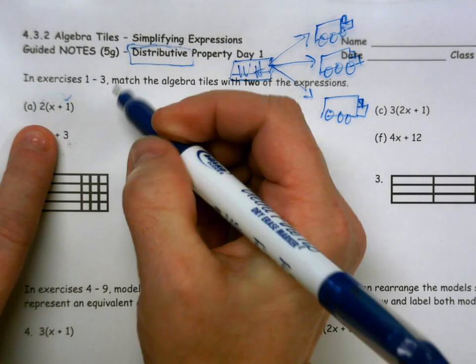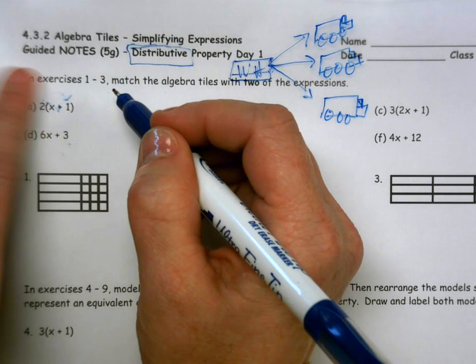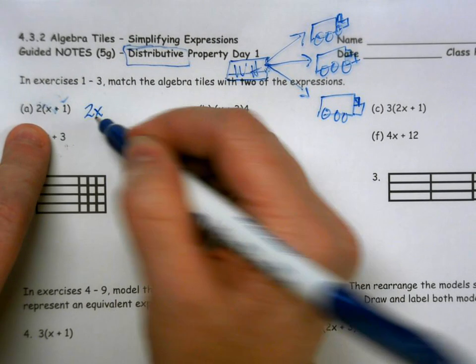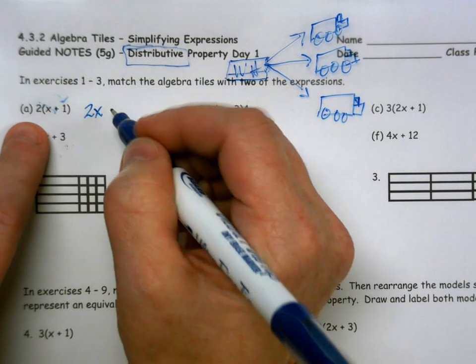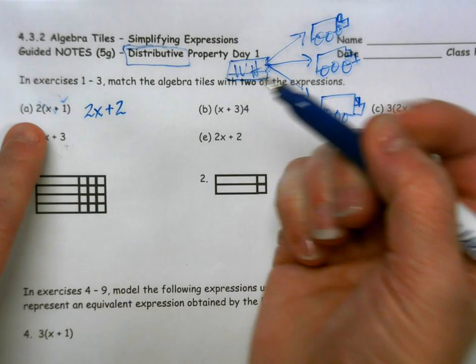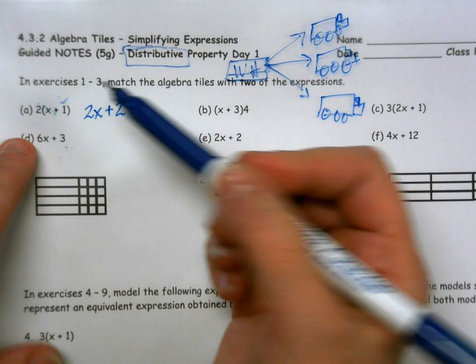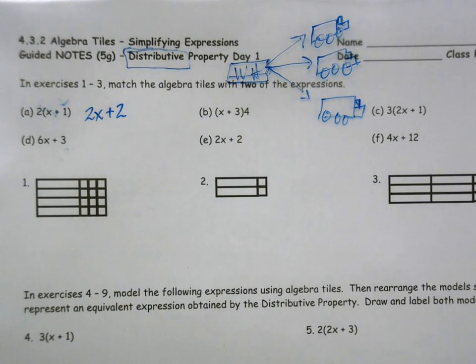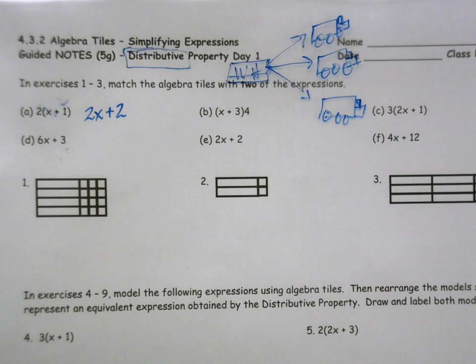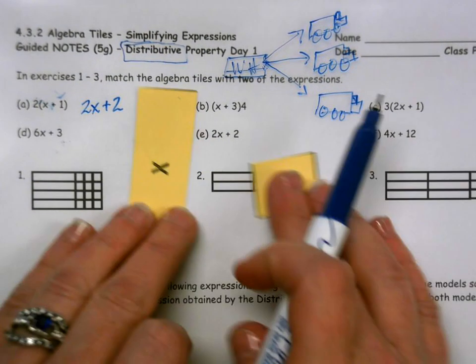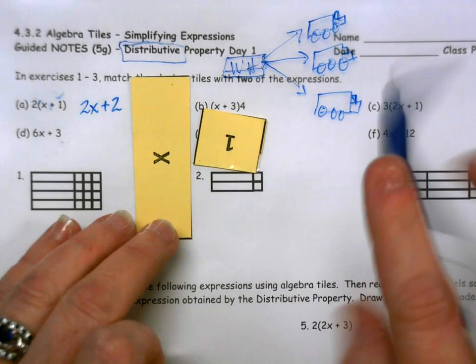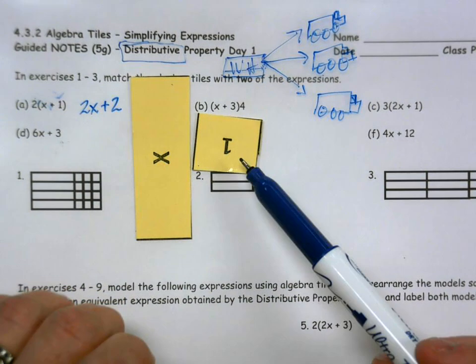So 2 times x, we're distributing it to the x, so that gives us 2x, right? And 2 times 1 is 2. So we're distributing that 2 to everything inside there, to all of those places that 2 needs to go. The way that looks with algebra tiles is we start off with an x and a 1, right?